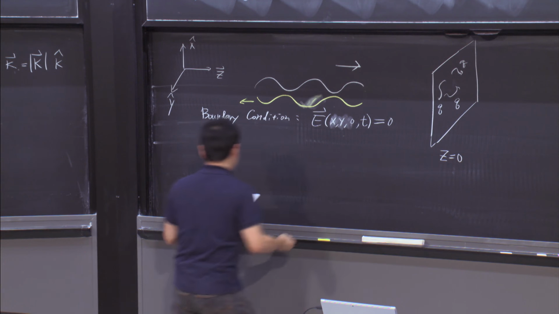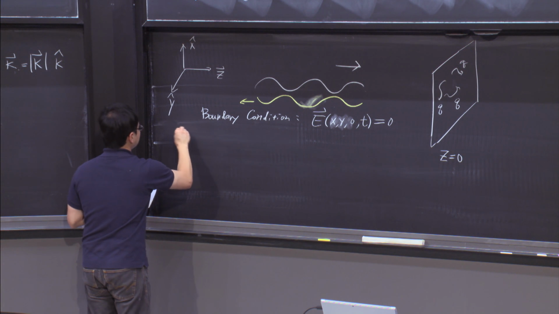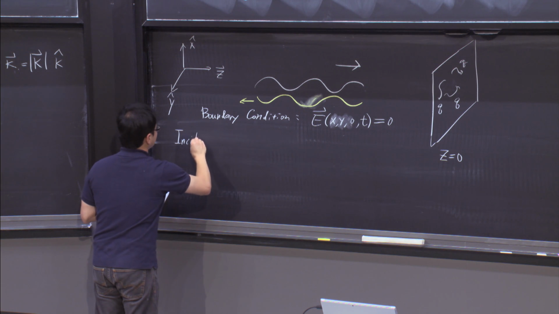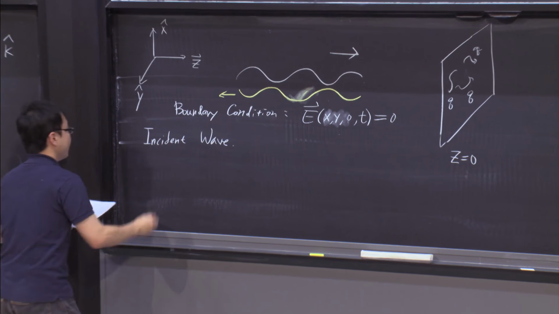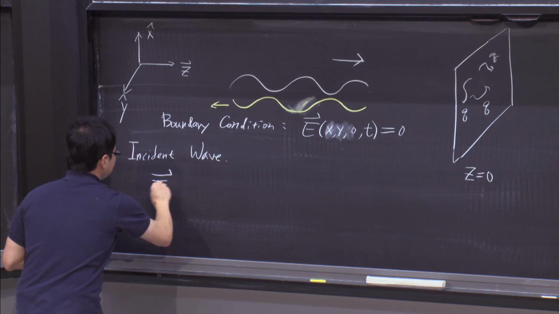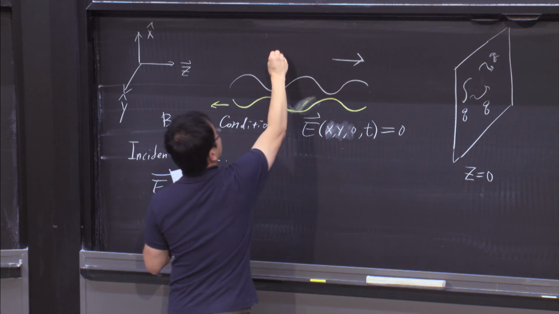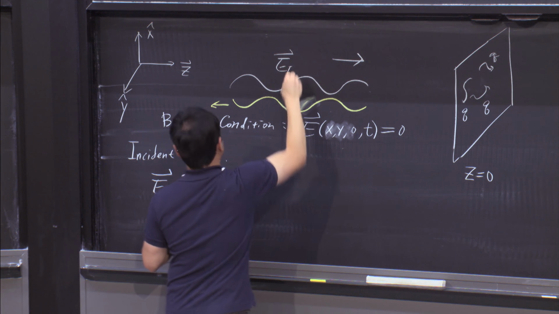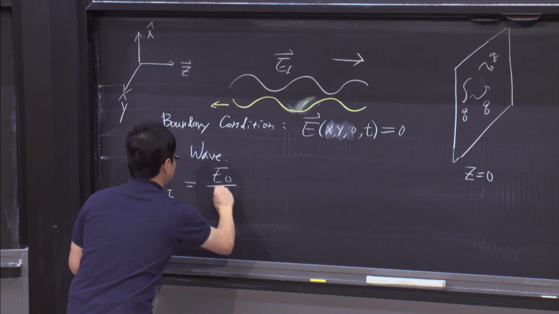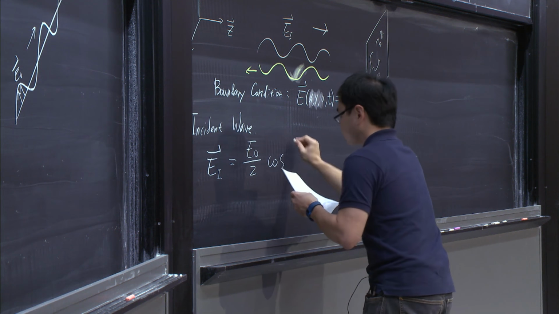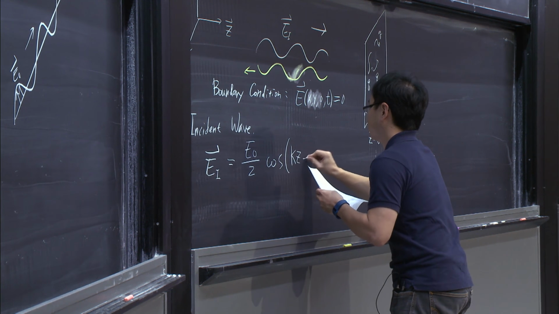Okay, so now I can write down the incident wave expression. The incident wave, I call it EI. This is EI. It's expressed as E0 over 2 cosine kz minus omega t.